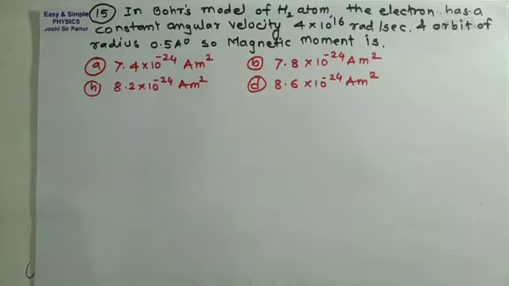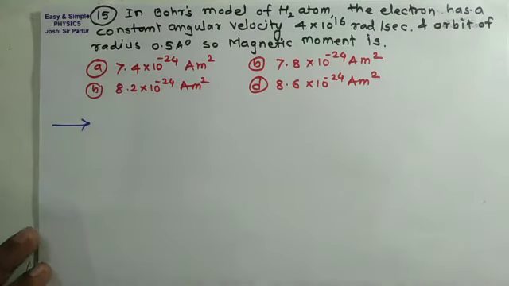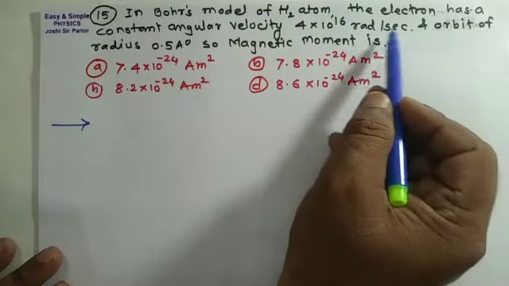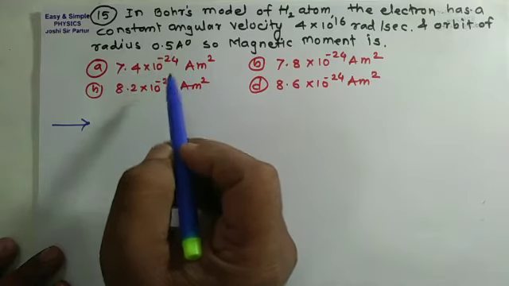Again, in Bohr's model of hydrogen atom, the electron has constant angular velocity omega of 4 × 10^16 radian per second. The orbit radius is 0.5 angstrom unit.